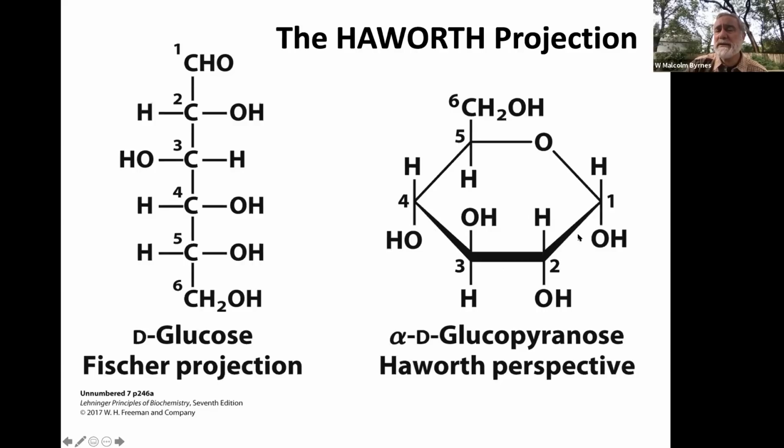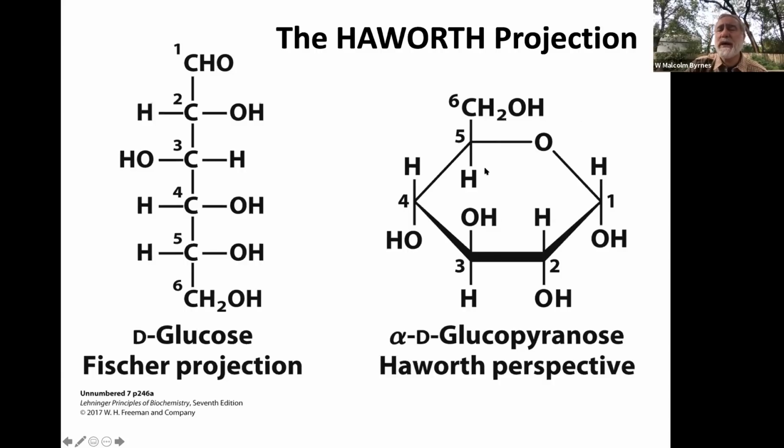So this is called a Haworth perspective or Haworth projection. And you can see that this part of the ring is pointing out toward you. That's why it's fatter, to show it's closer up, whereas the back of the ring is pointing behind the screen.